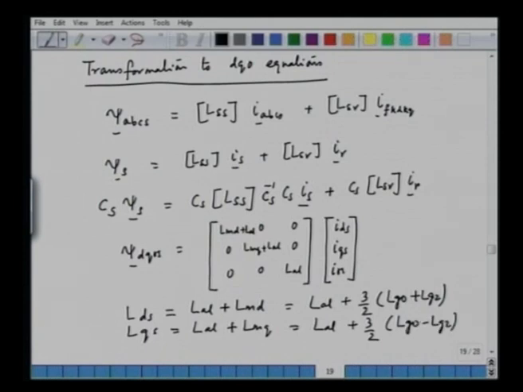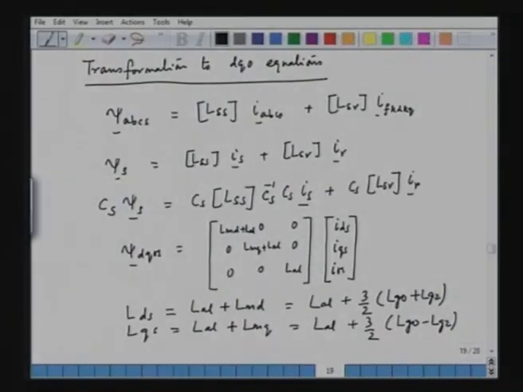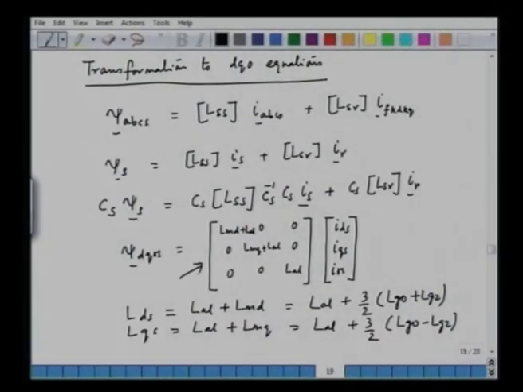So, we see that this inductance matrix we can call the LDQO matrix, and this LDQO matrix is fortunately a constant matrix, unlike the matrix LSS, which is a function of theta r. After pre-multiplying with CS and post-multiplying with CS inverse, there is a lot of simplification involved, and the matrix that we are obtaining here is LDQOS.